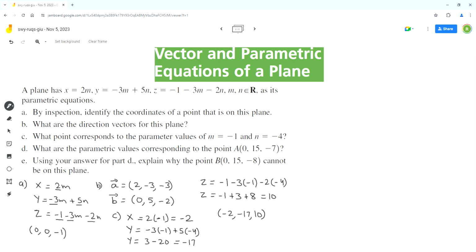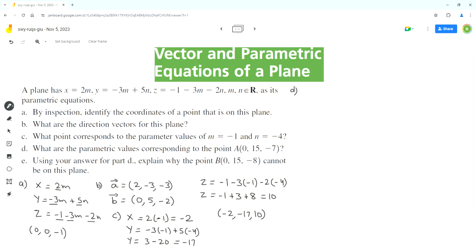Now we can analyze part D. What are the parametric values corresponding to the point A, 0, 15, negative 7? So we have to find the m and the n values for the given point A. So we have to sub in the x, y, and z coordinates of this point into the x, y, and z equations and solve for m and n.